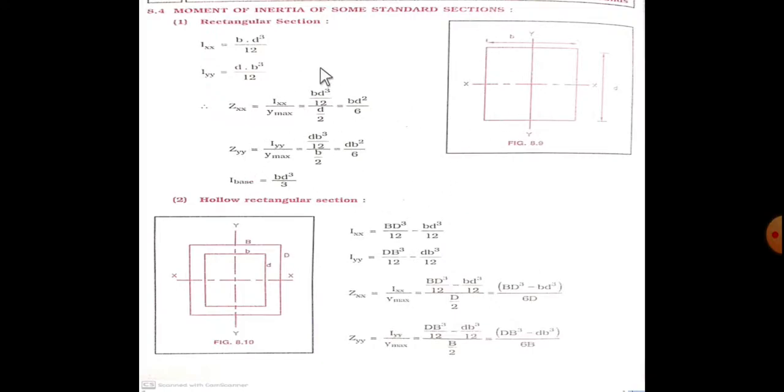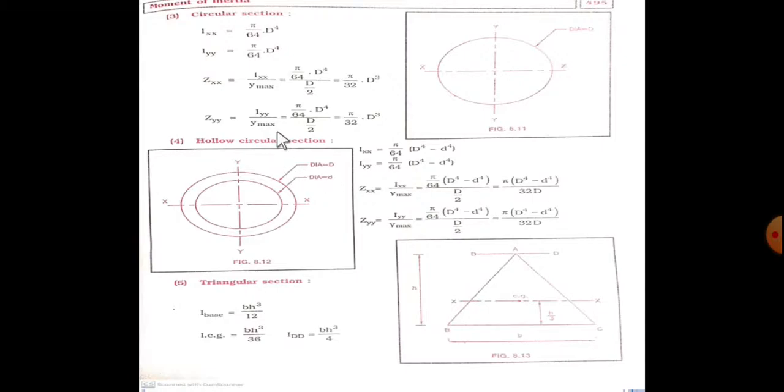Now Zxx is equal to Ixx upon y and Zyy is equal to Iyy upon x. Now we can calculate these equations. Clear? So these are the number of equations that we have to memorize all the time.